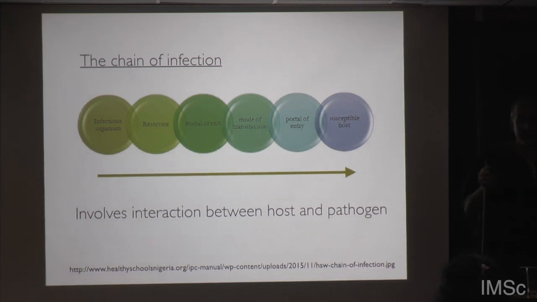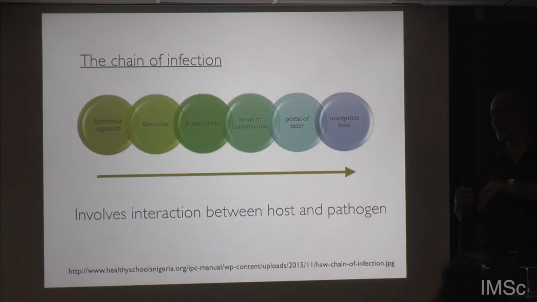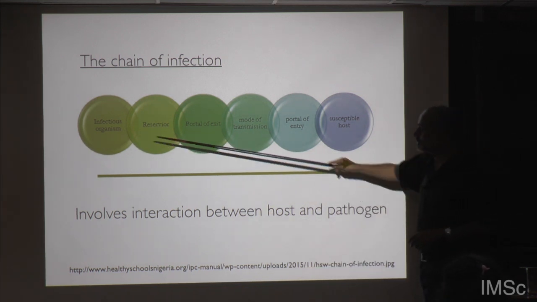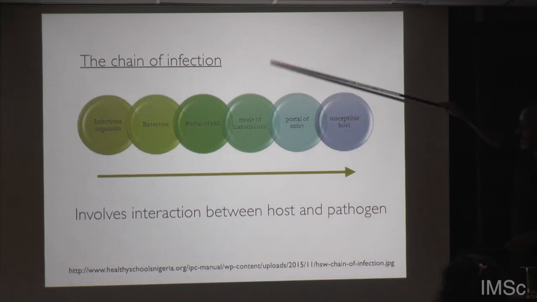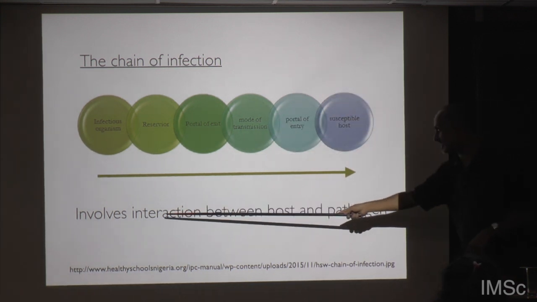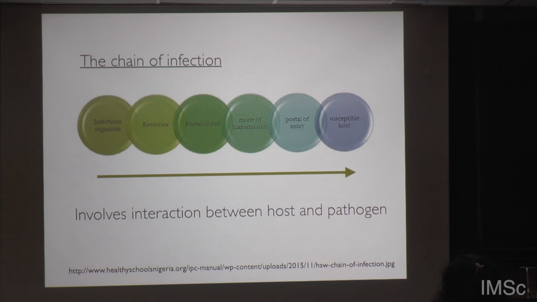The word susceptible will come up many times. Susceptible means one who is about to fall sick or who could potentially fall ill. So you can see that it involves both the organism as well as the host. The chain of infection itself involves some interaction between both host and the pathogenic organism.